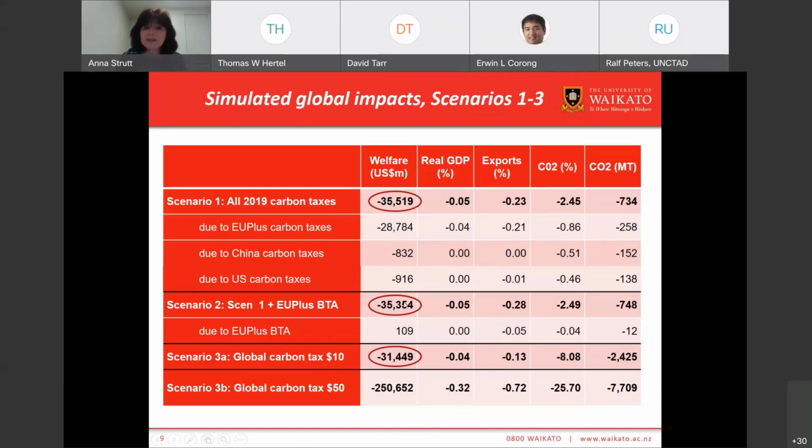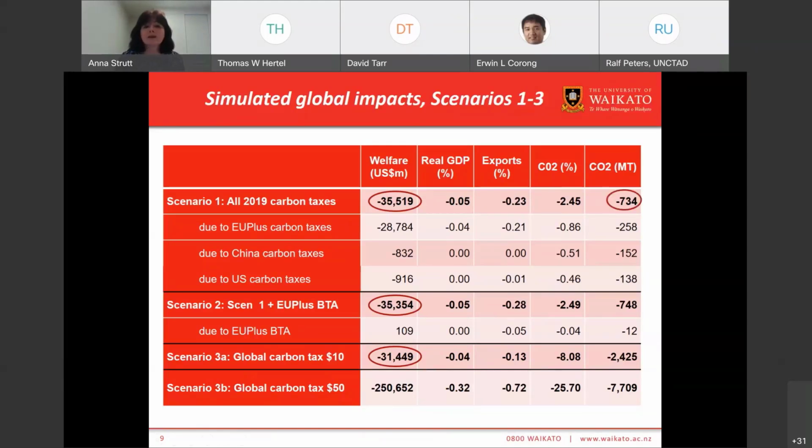In the second scenario, that overall impact is relatively similar, because we can see that the impact of those border tax adjustments is only 109 million. I'll come back to this point that in the third scenario, it's a relatively similar total impact on GDP, because it's interesting when we compare that with the different impacts on emissions of these different scenarios. Not surprisingly, of course, that last scenario, the $50 carbon tax, gives much more significant impacts.